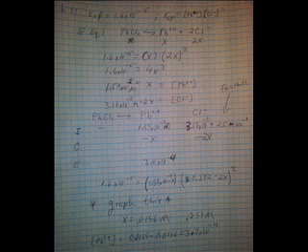And we're going to make an ICE table, but remember now, it started as a saturated solution. We're going to add the solid salt, and then we're going to have the change. So the initial isn't really saturated. The initial is saturated plus the addition of the chloride from the salt.